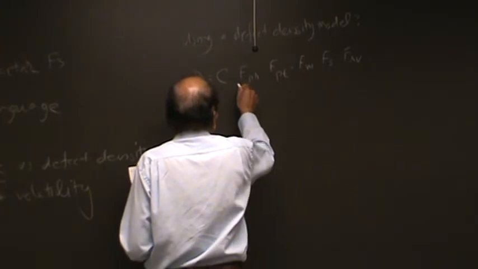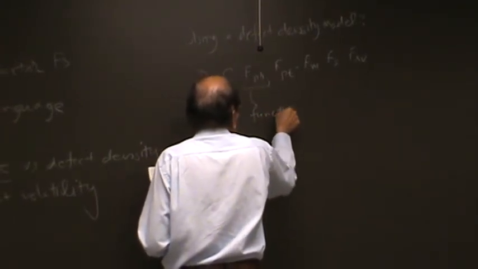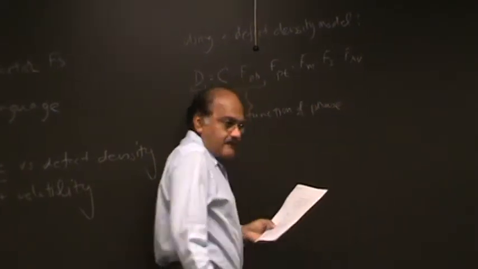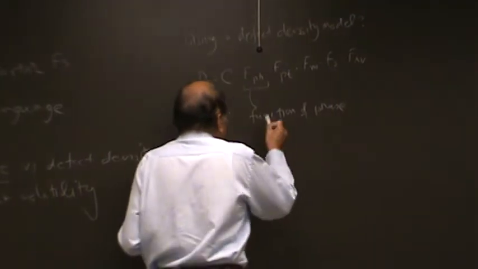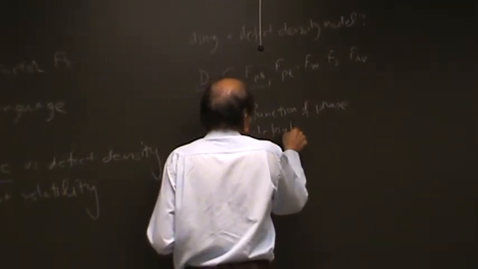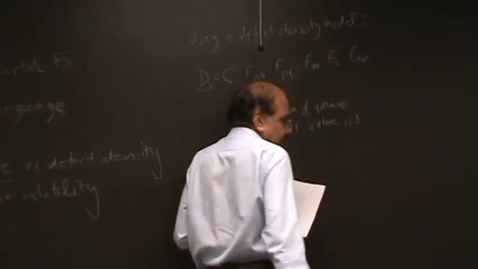Basically, each factor is a function of phase. And for each of them, the default value is 1.